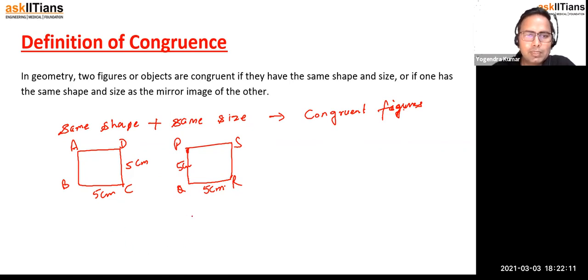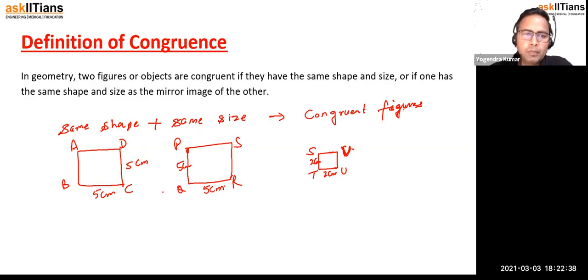There is something called similar. If I make a square which is 2 centimeter by 2 centimeter, and its name is, let's say, STUV, then STUV and PQRS are similar, or ABCD and STUV are similar. They're not congruent.